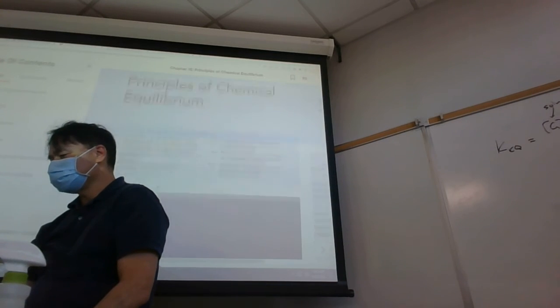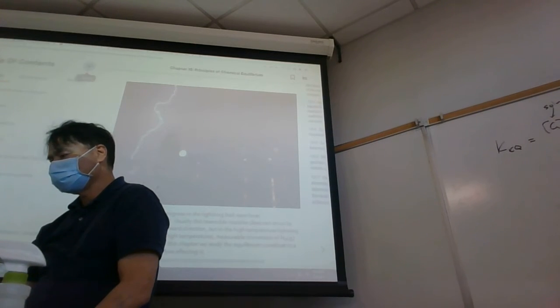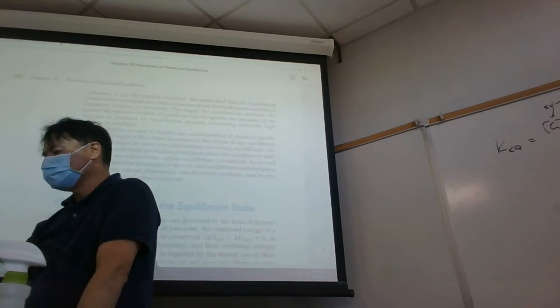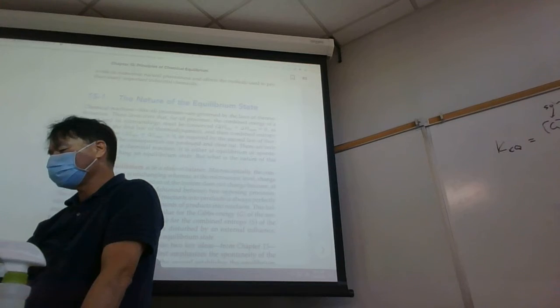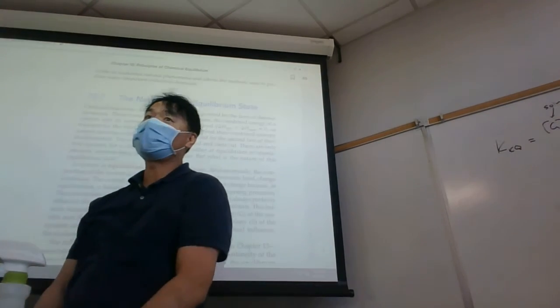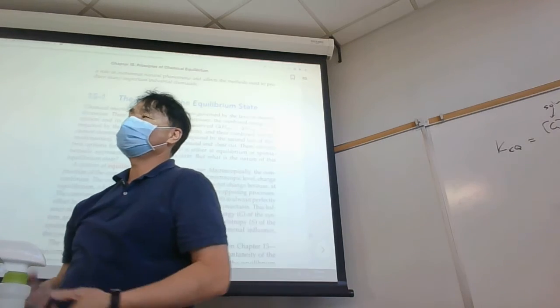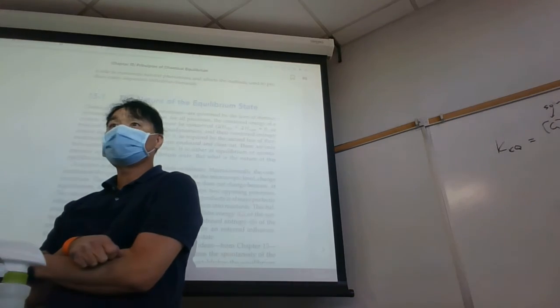Activities are given the symbol A. As you get to higher and higher concentrations, things behave less and less ideal. What causes things to, for example, deviate from ideal gas behavior?